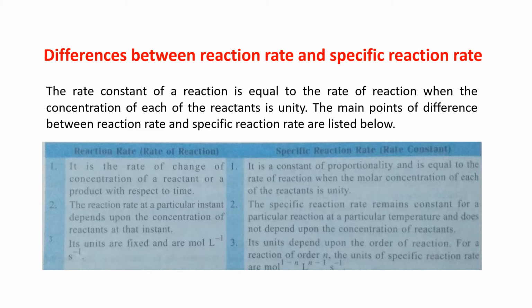And the unit for specific reaction rate depends upon the order of reaction. For a reaction of order n, may be 0, 1, 2, 3, whatever it may be, the units of specific reaction rate are mole^(1-n) liter^(n-1) second^-1.